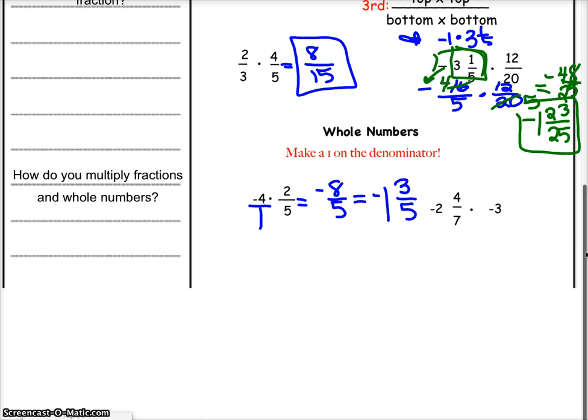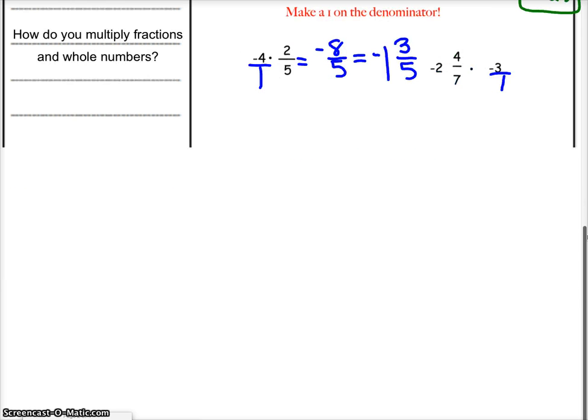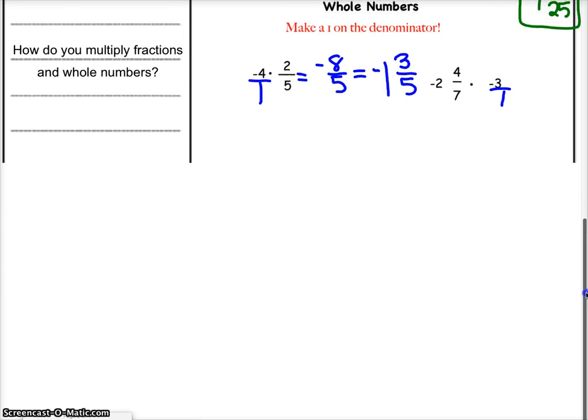Okay. -2 and 4/7 times -3. Then I throw a 1 on the denominator. Turn my mixed number into an improper fraction. So 7 times 2 is 14, plus 4 is 18, negative, times negative 3 over 1.